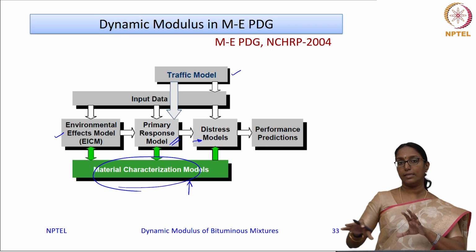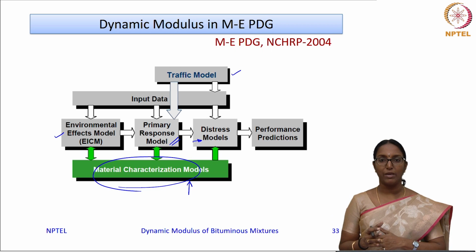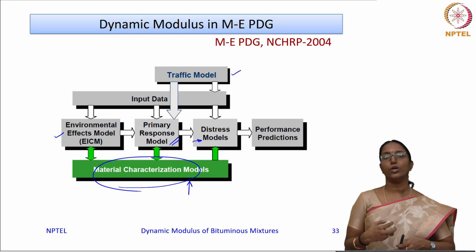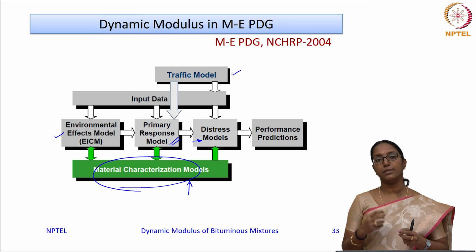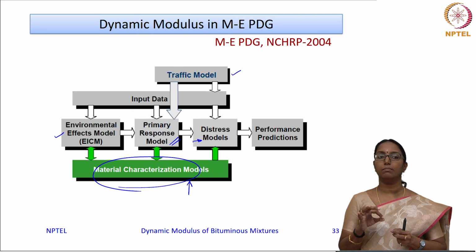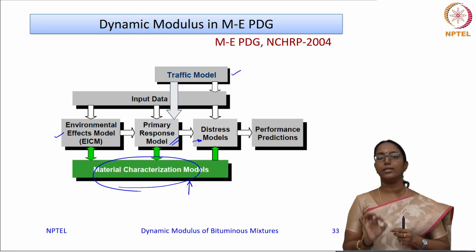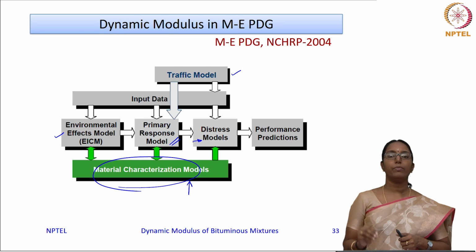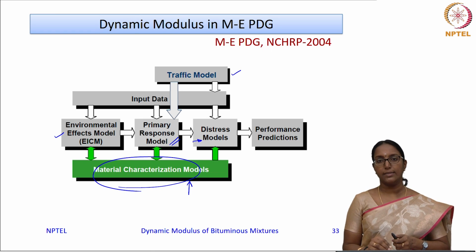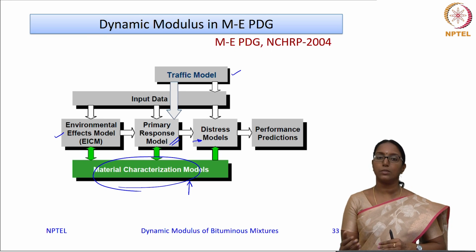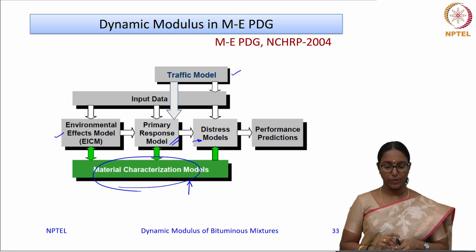Though we are not discussing this pavement design in this course, I just want to emphasize the need for a modulus which is time dependent as well as temperature dependent to be used in a pavement analysis strategy, so that you can design the pavement according to the actual response of the material in the field.